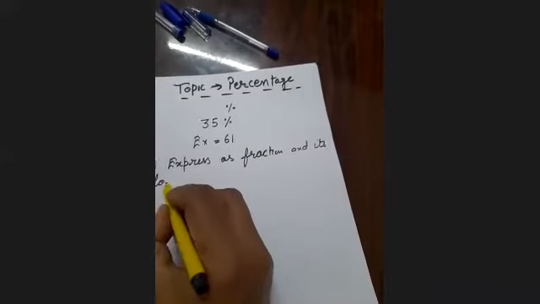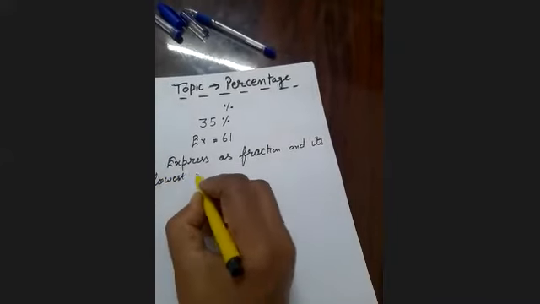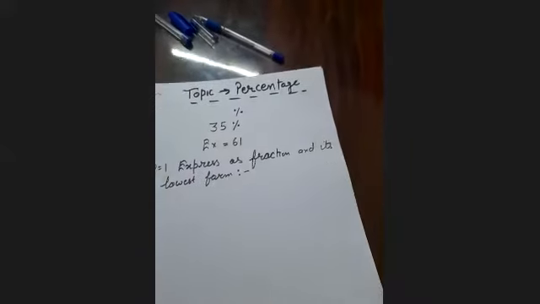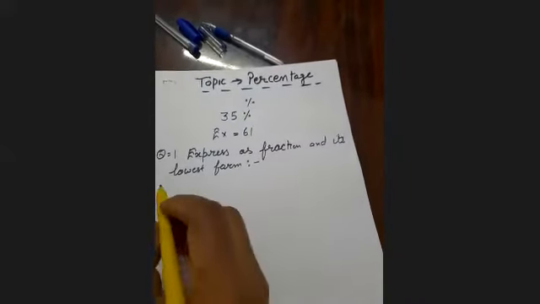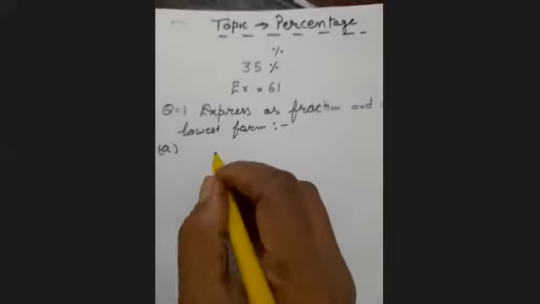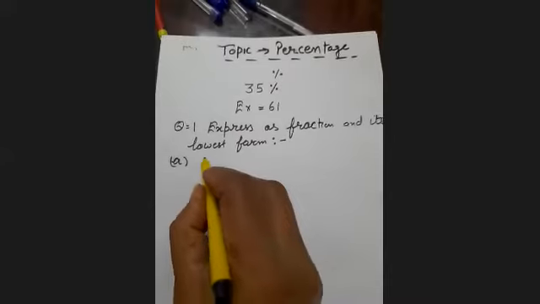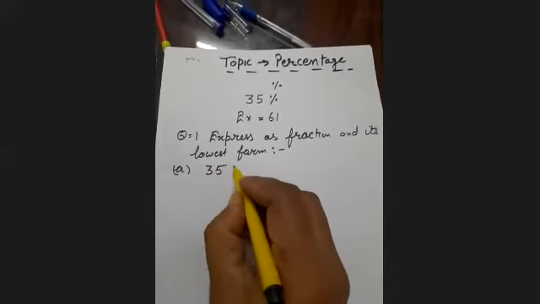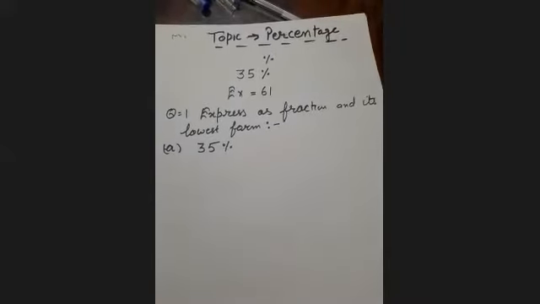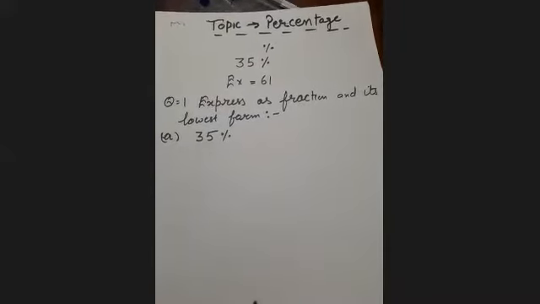Sorry, lowest form. Your first question, part A, is 35%. Yes, students. First, we'll convert this number into a fraction.